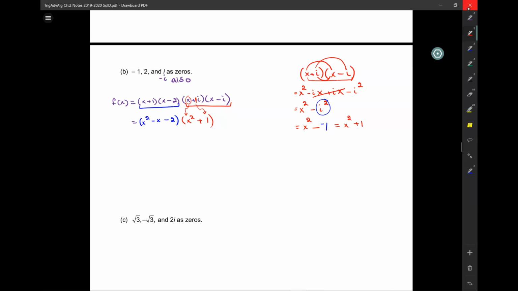Okay. Now, I still have to distribute this. So I'm going to give everybody an x squared. So this is going to be x to the 4 minus x cubed minus 2x squared. And then I'm going to give everybody a 1.